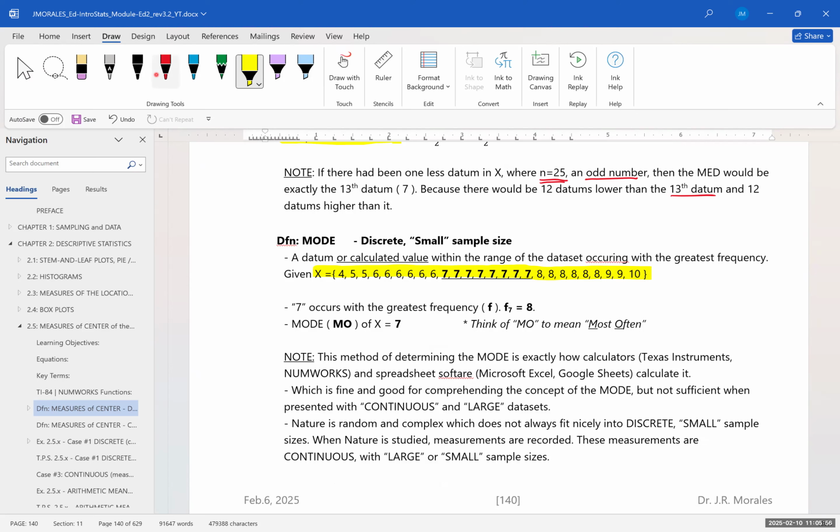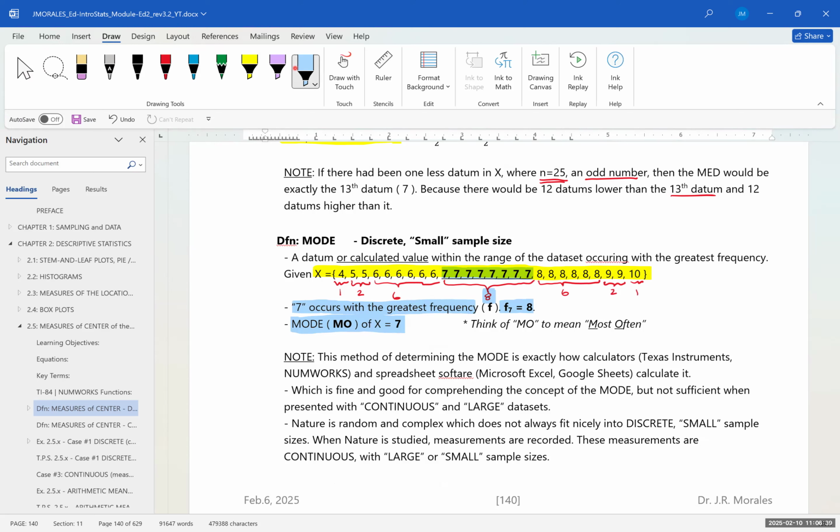Well, we can see that 4 had a frequency of 1, 5 occurred twice, 6 occurred 6 times, 7 occurred 8 times, 8 occurred 6, 9 occurred twice, and 10 occurred once. So the datum with the highest frequency is 7, a frequency of 8. Therefore, the mode is 7.